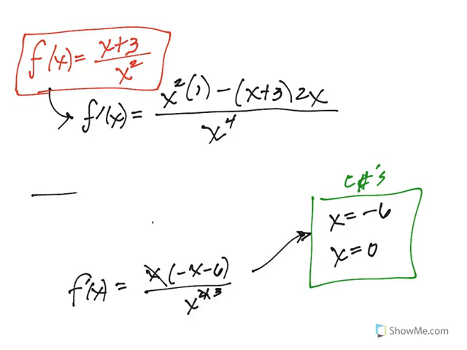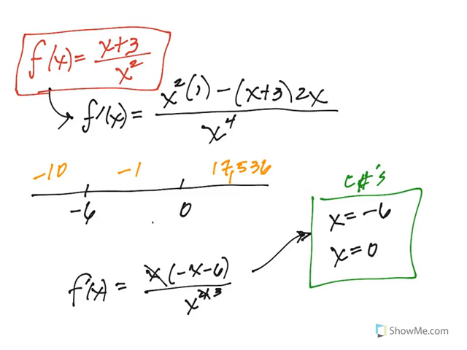So what I'm going to do is I'll create a number line. I'm going to put my critical numbers on it. And what I want to do is I want to test in between into the first derivative. So for instance, you can pick any number within those intervals. I'm going to pick over here negative 10. From negative 6 to 0, I'll pick negative 1. And then from 0 to infinity, I'll pick 17,536.